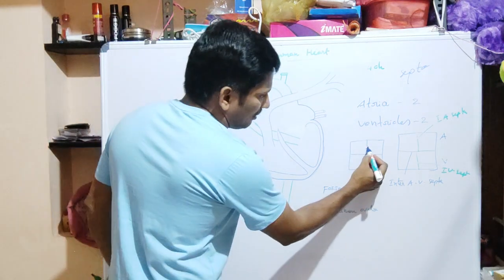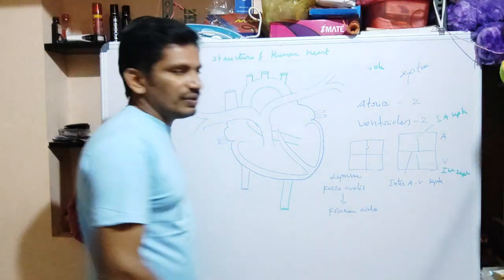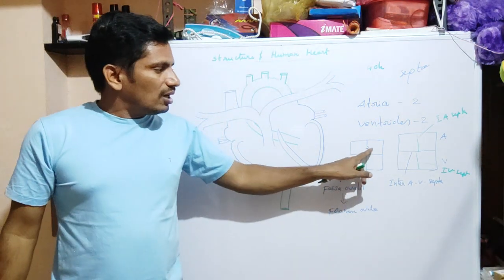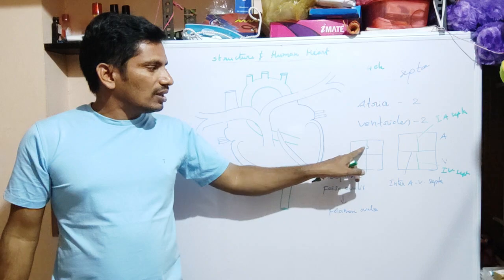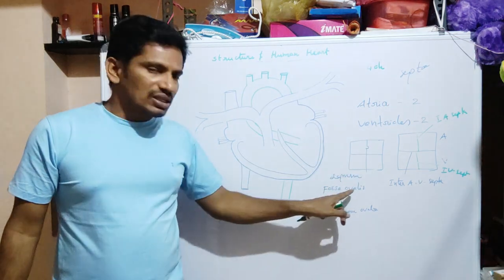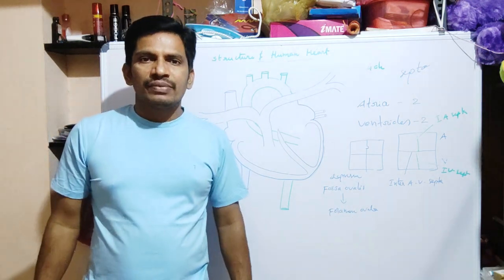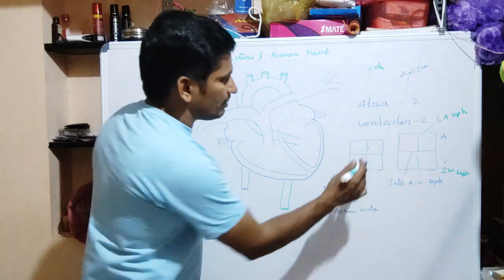Everyone has the fossa ovalis, a depression of the small septum on the interatrial septum. That is called the fossa ovalis, which corresponds to the foramen ovale in the fetus. If it is not closed, it makes a hole.